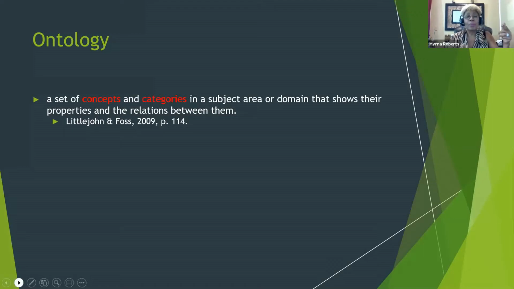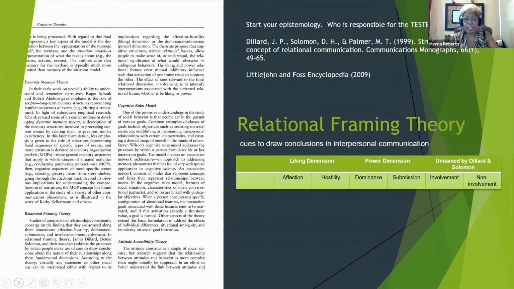This page right here came straight out of the Littlejohn and Foss Encyclopedia. It's page 114. You don't have to go there now, but I'm going to use this new theory, this one down here, relational framing theory. It's only 2 paragraphs.